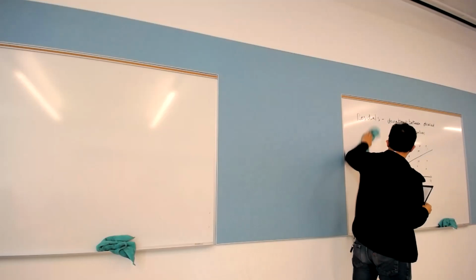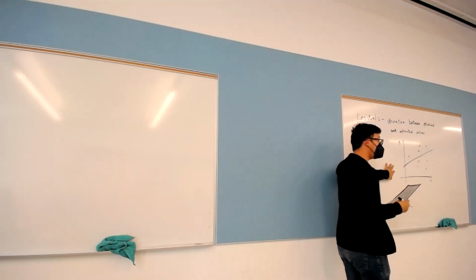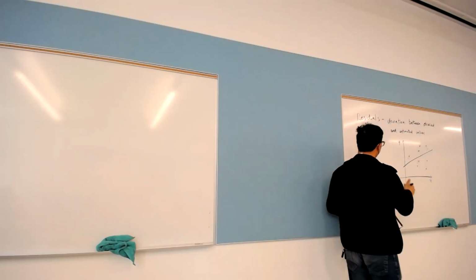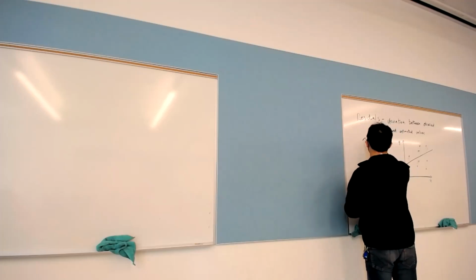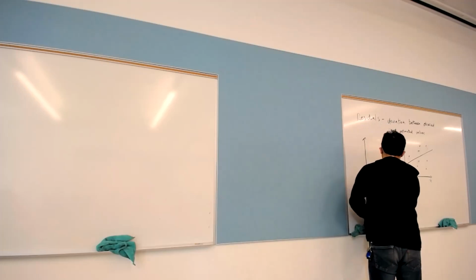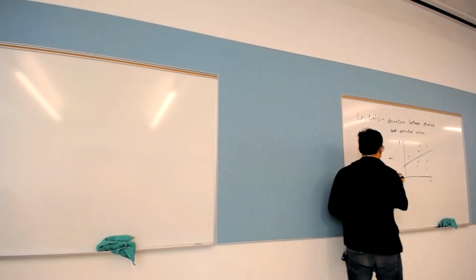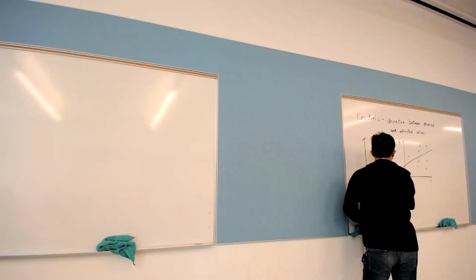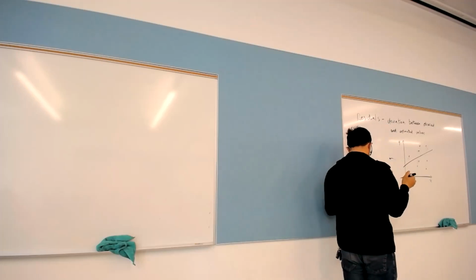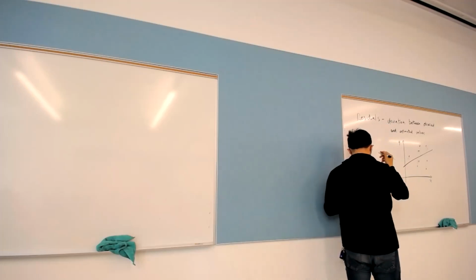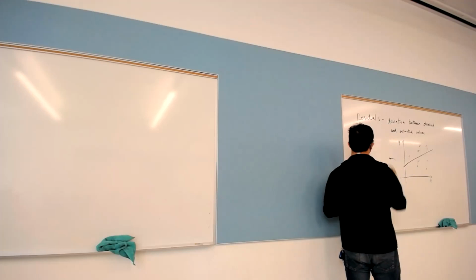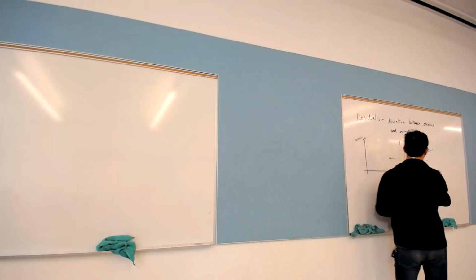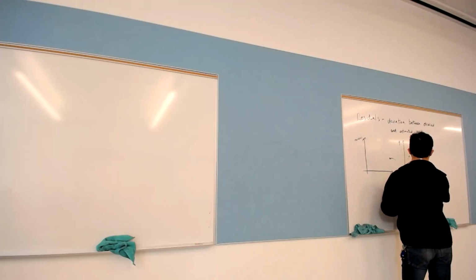Okay, and this is going to correspond to what we call a residual plot here. So this is going to be my y hat. And this is going to be my residuals. Okay, so let's do something like this.